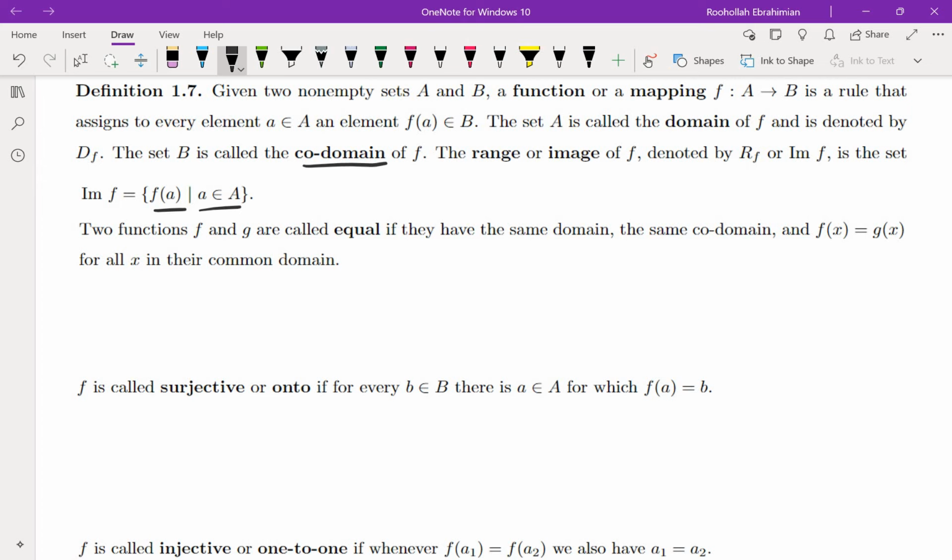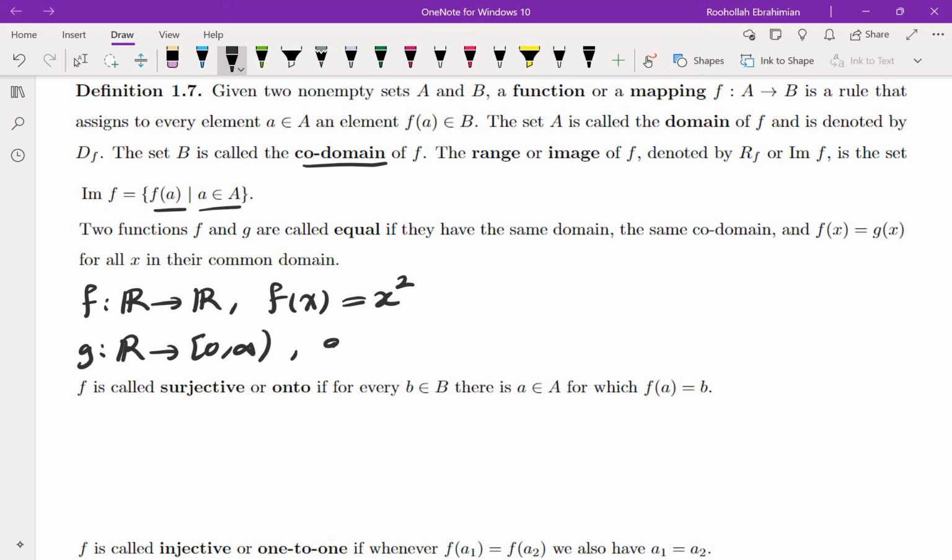Two functions f and g are called equal if they have the same domain, the same codomain, and also their rules are the same. So let's look at an example. If you look at this function f from R to R defined by f(x) = x squared, and g from R to the non-negative real numbers given by g(x) = x squared, they have the same domain, they have the same rule, but they do not have the same codomain.